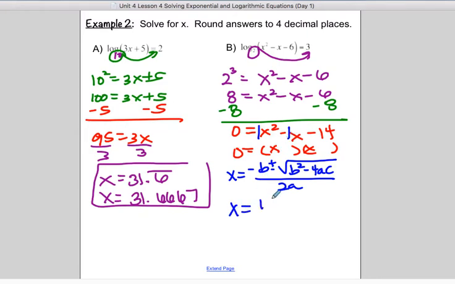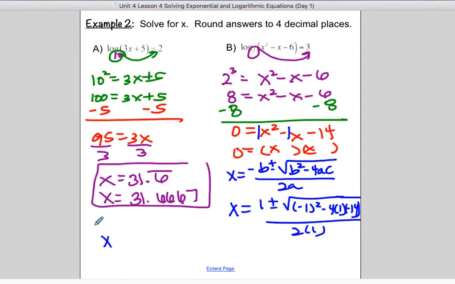Negative negative 1, so positive 1, plus or minus the square root of negative 1 squared, minus 4 times 1 times negative 14, all over 2 times my a, which is 1.